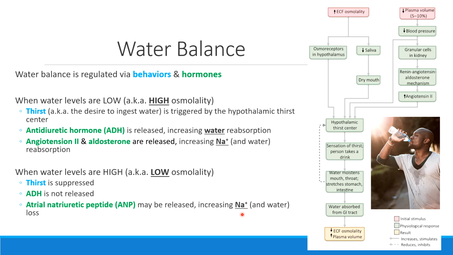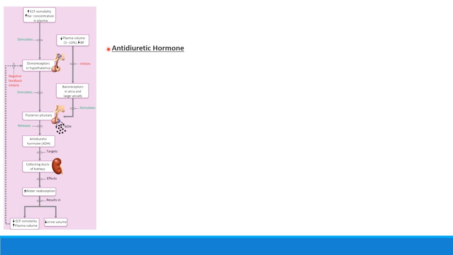water follows salt. So let's look first at that hormone we talked about, antidiuretic hormone, that we synthesize when our body water is low. Antidiuretic hormone is a hormone that's made by the posterior pituitary gland. And the posterior pituitary gland will spit out antidiuretic hormone for several different reasons.